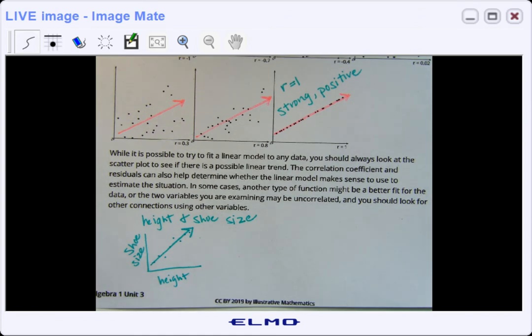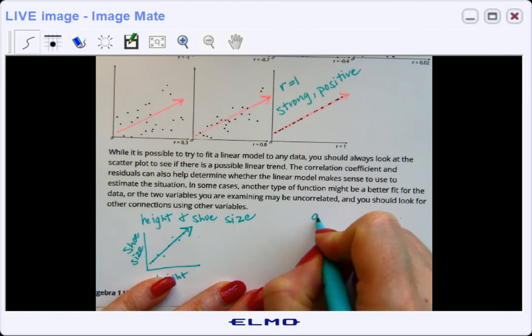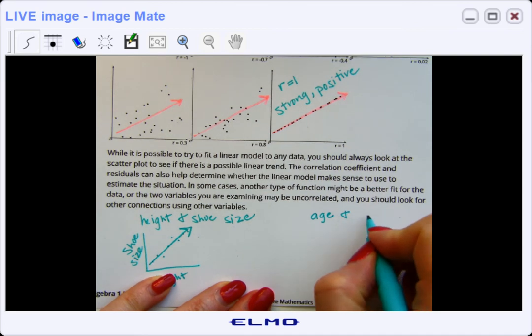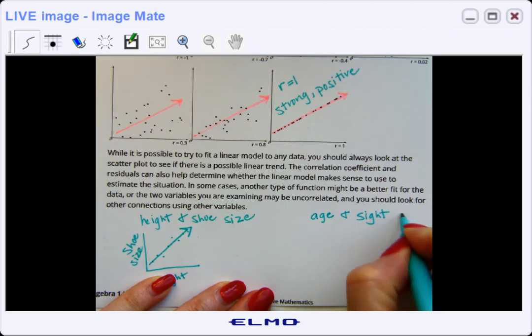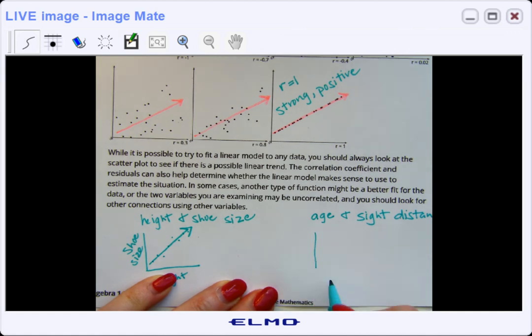And then another example that I saw was age and how far you could see at a distance. We'll call that sight distance. I saw some data and it looked like this.